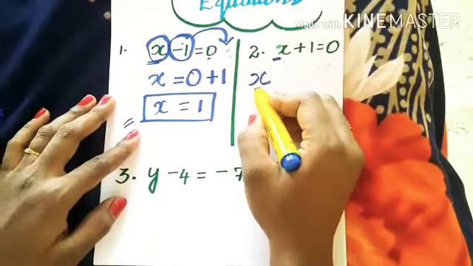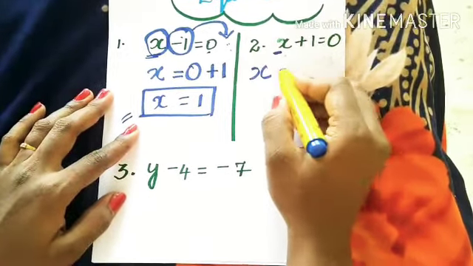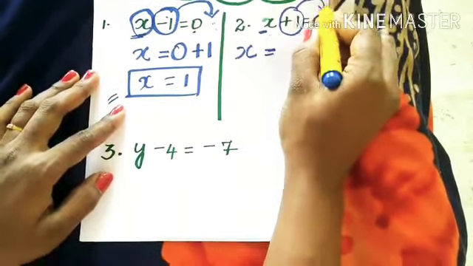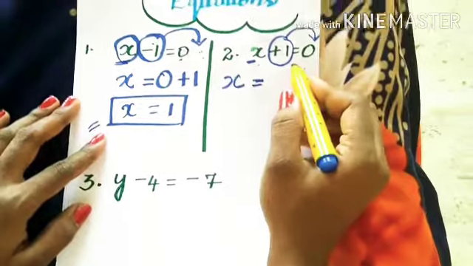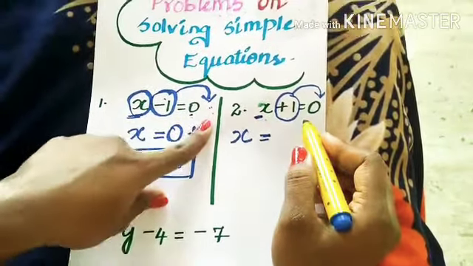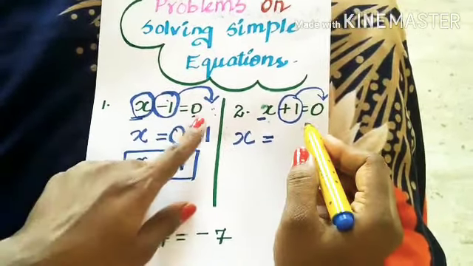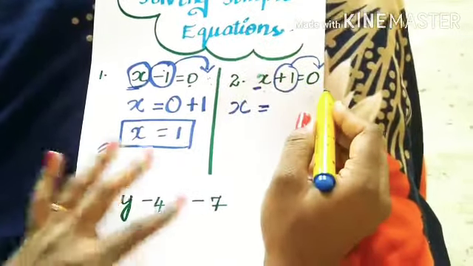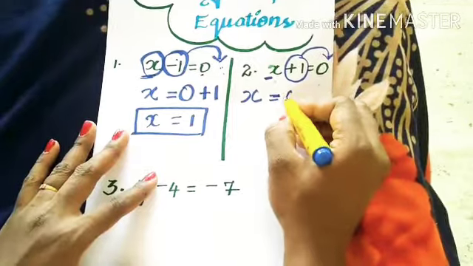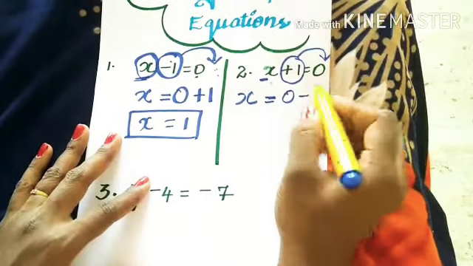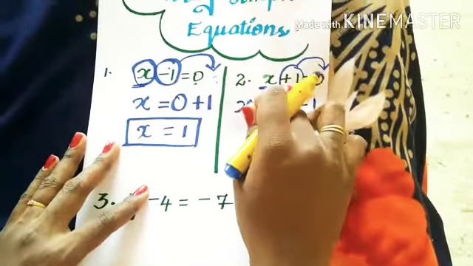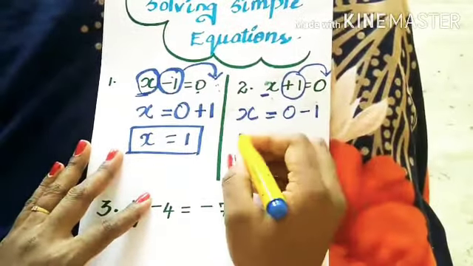So x equal to, when this plus 1 goes to the other side of the equation it becomes minus 1.